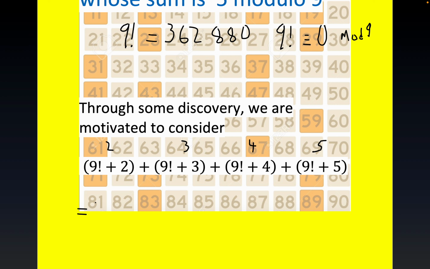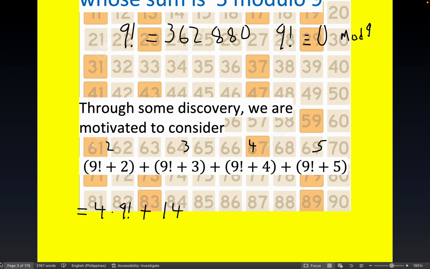This is equal to 4 times 9 factorial, plus we have to add up 2 plus 3, that's 5, plus 4 is 9. That already would be 0, but I'll just go ahead and write down 14 for the sake of being complete here. So that's equal to 14. Although you can just see it in your head at this stage.